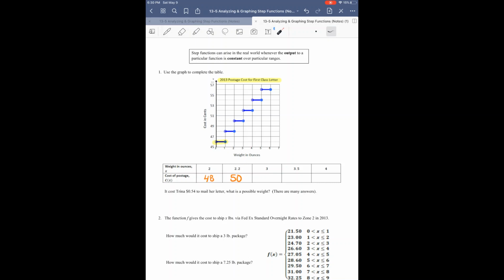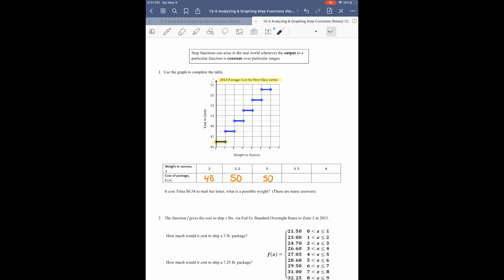If the package weighs 3 ounces, I'm going to check, it's also going to cost 50 cents. So we're noticing that these 2 ounces measurements are on the same step, so they're going to cost the same amount. Let's check out the rest.